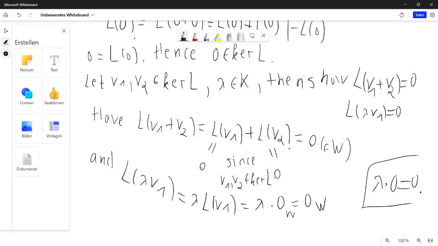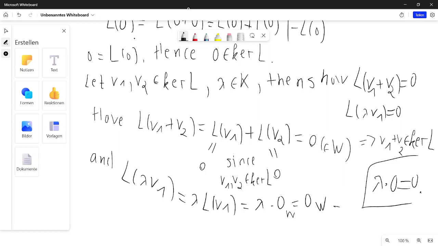So that implies, because we applied L to the sum of V1 and V2 and we got 0, that implies V1 plus V2 is in the kernel as we wanted. Because we wanted to show closeness under addition, we took two elements from the kernel and we have shown that the sum of them is in the kernel, right?